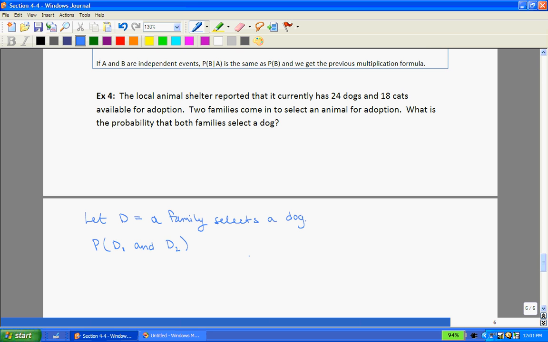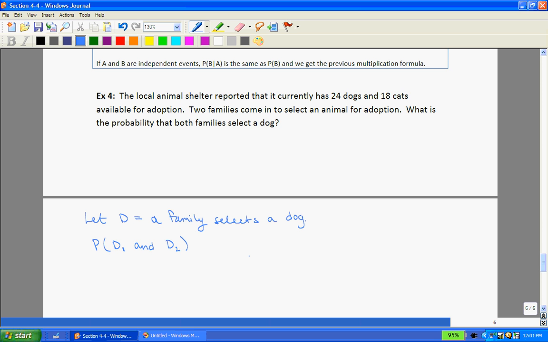But what I have to ask myself is, is the selection of a dog from the first family independent of the selection of a dog for the second family? Well, they are dependent, because if there's one cute dog that all the kids fall in love with, if the first family takes it, now the second family has to make a different choice.